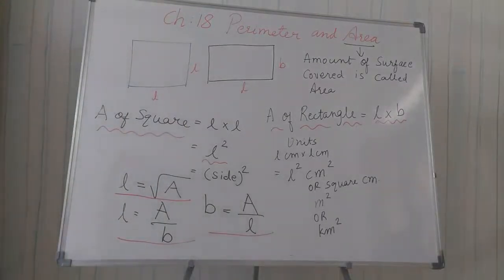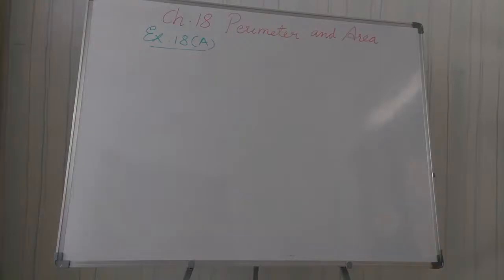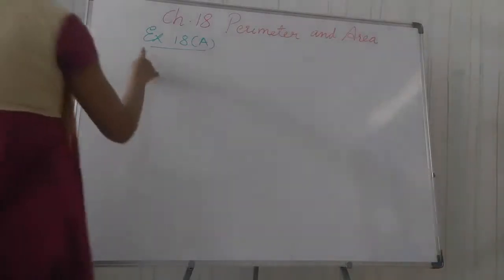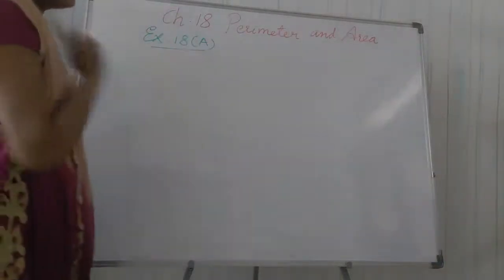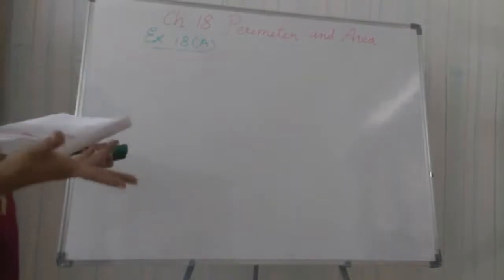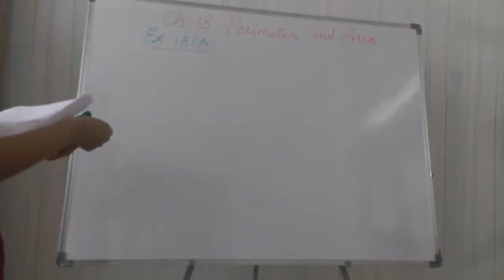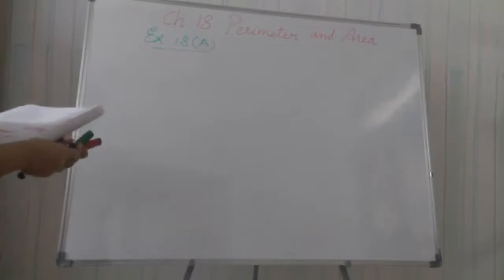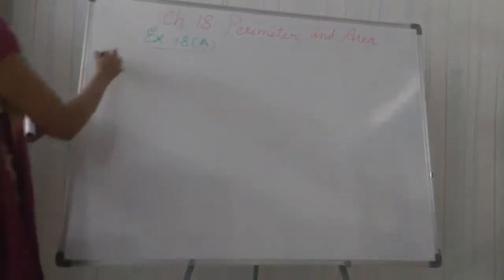Now let us start our exercise 18a, in which the first question is given as a table. You are given one table of rectangle shape. So you can see on the top of the table it is written rectangles, and you have to find the values here accordingly. You see in number 2, I will solve here.